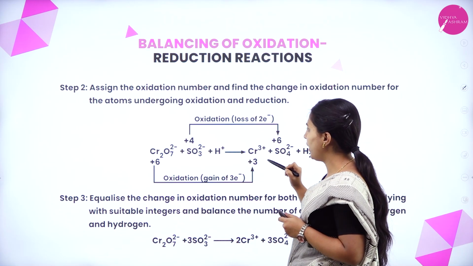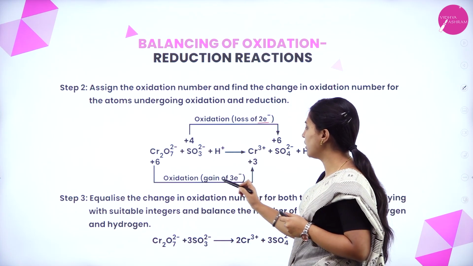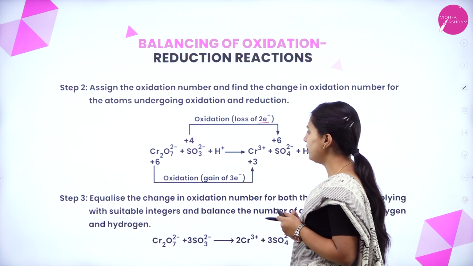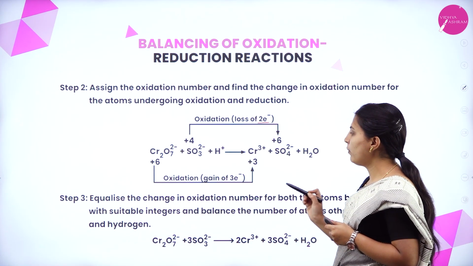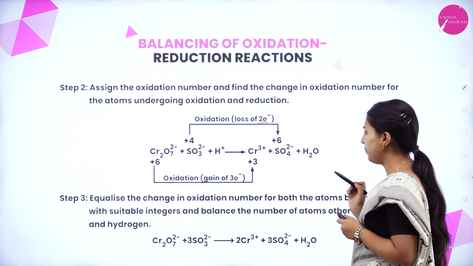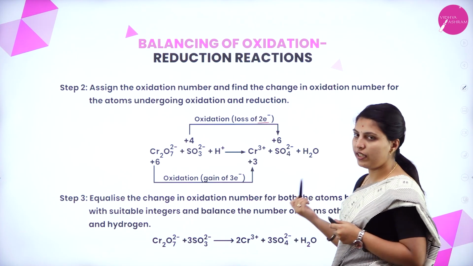Oxidation is a loss of 2 electrons because +4 to +6. So, loss of 2 electrons in oxidation, and reduction is a gain of 3 electrons because +6 to +3. Equalize the change in oxidation number of both the atoms by multiplying with suitable integers and balance the number of atoms other than oxygen and hydrogen.